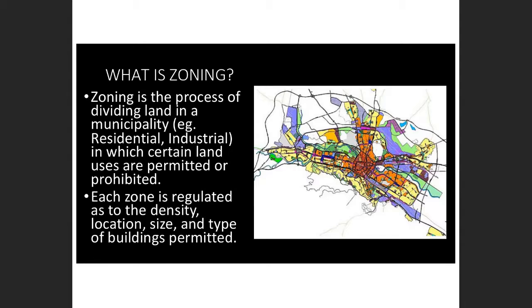They say the things that you can and can't do on each of those types of property. And then each of those types is regulated as to the size of the building that's permitted and the type of activity that can go on in each of those areas. And we'll see why we do that.